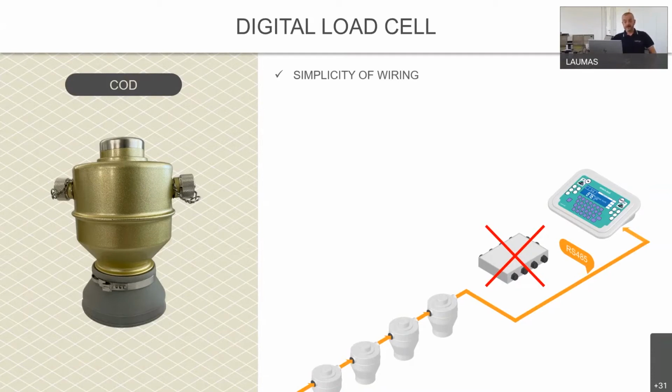The advantage of the two connectors is that you are allowed to daisy chain these load cells. This is a great advantage because it simplifies the wiring and reduces the times and the costs for the installation. There is no need for a junction box, and if a load cell fails, the replacement is very easy because you can just disconnect the connector, install the new load cell and reconnect again to start working.